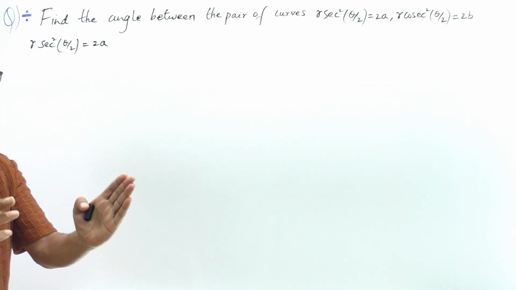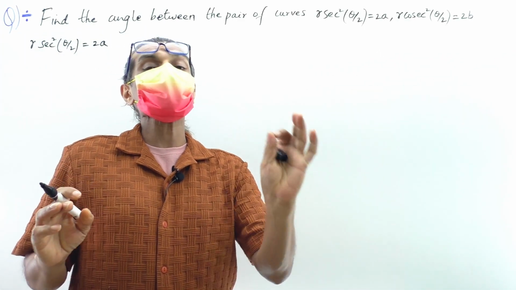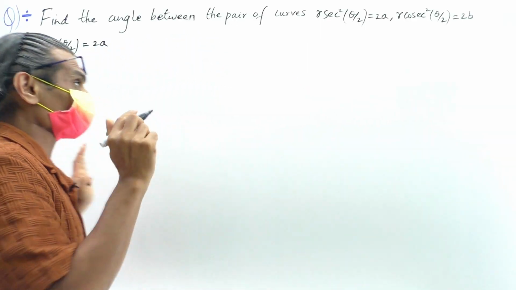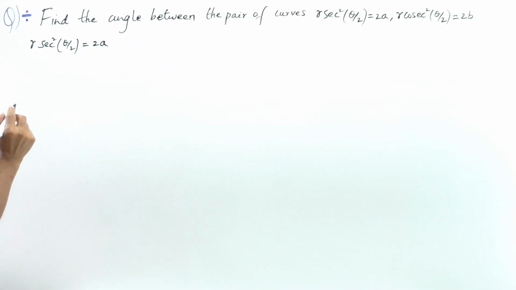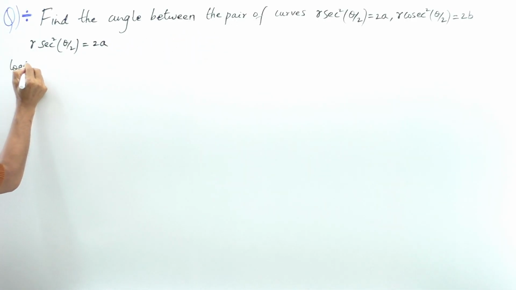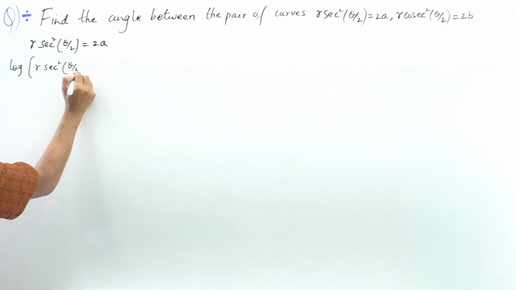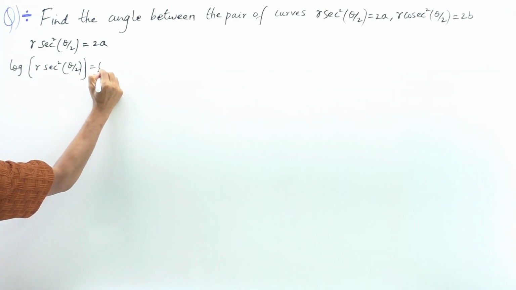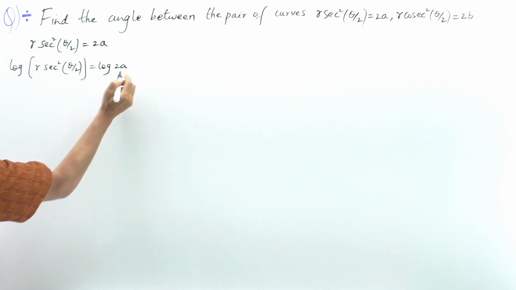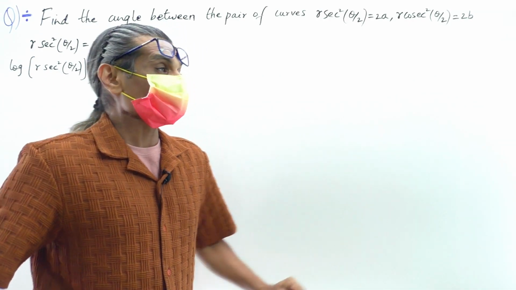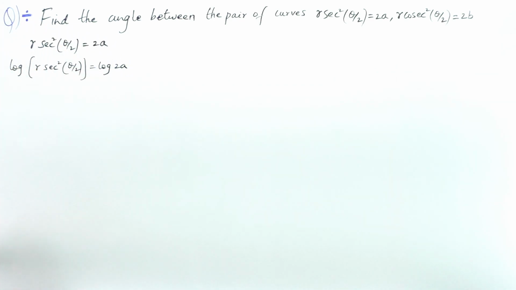Now what I do first, simple technique, listen carefully, apply log on both the sides. I am going to explain each and every step here. So we have log of r secant square theta over 2 equals log of 2a. Now apply the principles of log, because log a into b is log a plus log b.